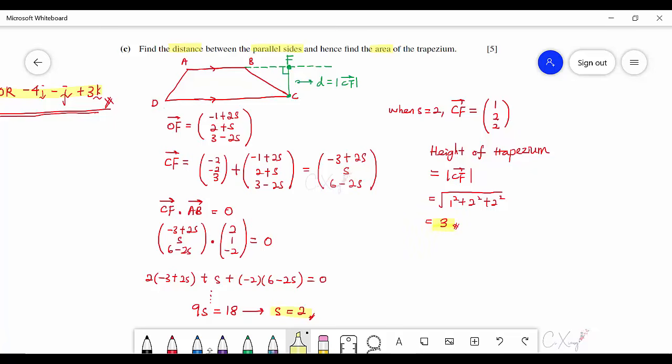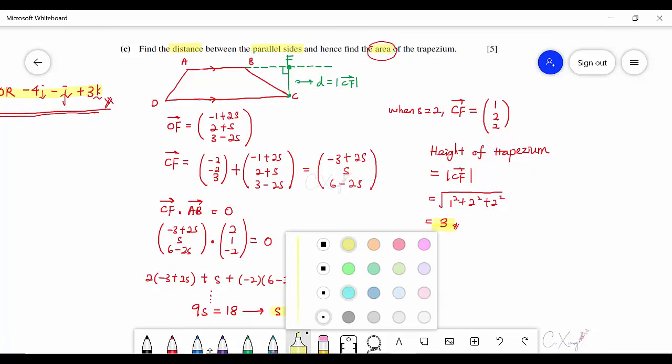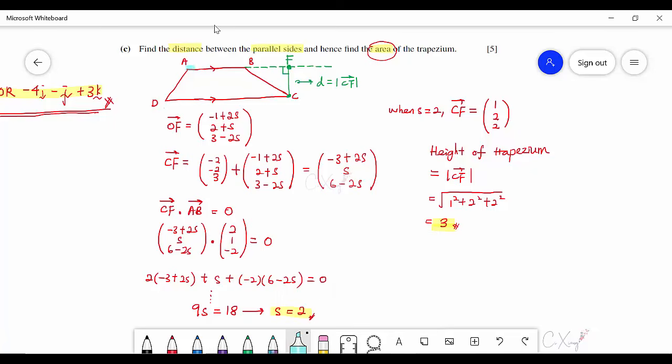Now we want to calculate the second part, which is to find the area of the trapezium. To find the area, you need a few distances: the length of AB, the length of DC, and the height. The height we have already.